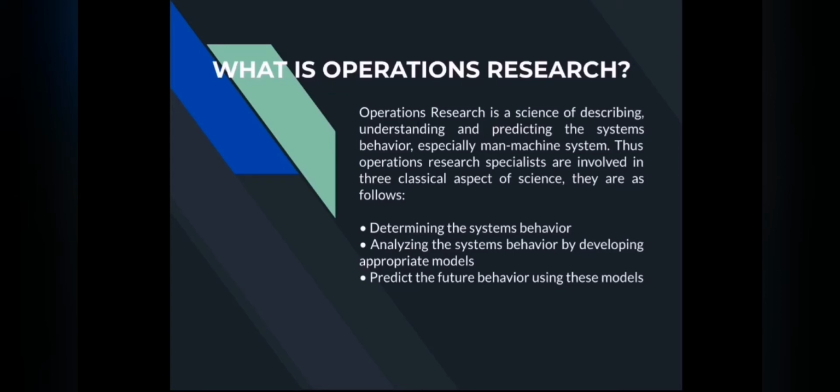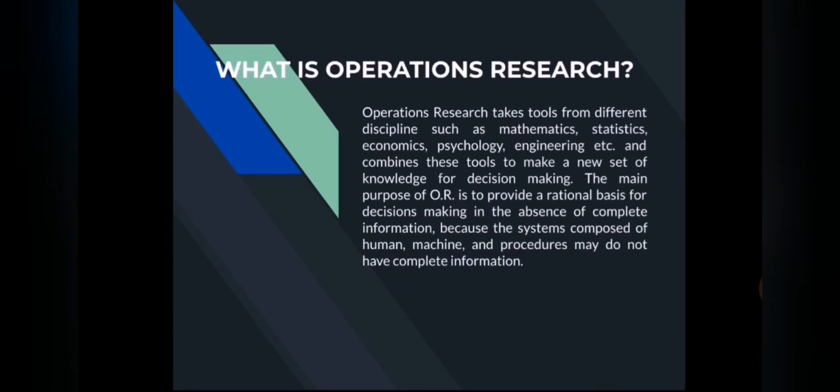They are as follows: determining the system's behavior, analyzing the system's behavior by developing appropriate models, and predicting the future behavior using these models. Now, operations research takes tools from different disciplines like mathematics, statistics, economics, psychology, engineering, and combines all of these tools to make a new set of knowledge for decision making.